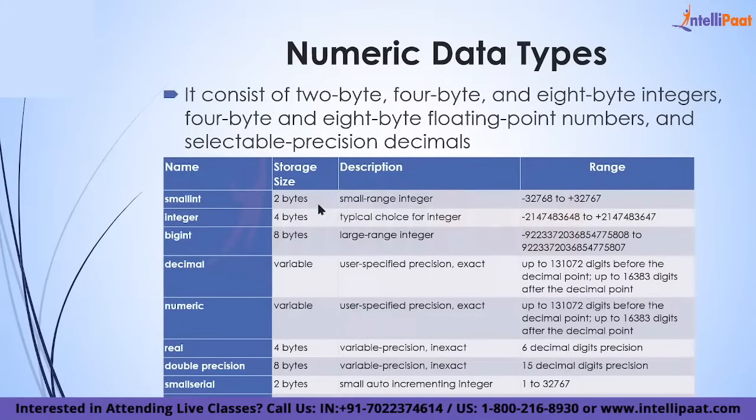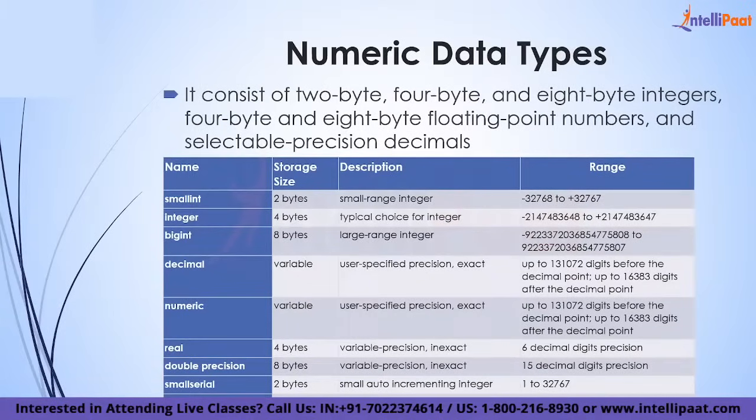Try to choose the smallest type for whatever requirement you have, because performance is also impacted here, right? If your range is small but you are using bigint, the storage increases, right? 8 bytes it will occupy. So that's the three things in the integer.